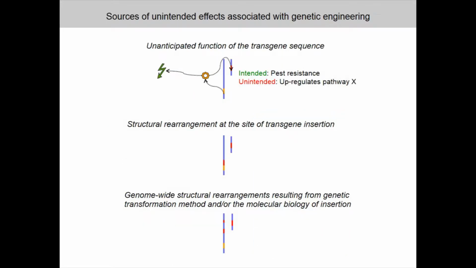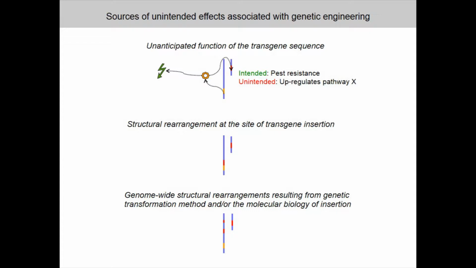So before we begin to adopt those techniques wholesale, of course, we need to identify both the intended and unintended effects of genetic engineering, which is, of course, what this meeting is all about. For the purpose of this meeting, I've defined three general categories as sources of unintended effects, and this is echoing things that people have already said, but just to reiterate, because this is the first talk of the morning, we have this possibility for an unintended function of the actual transgene sequence, right?